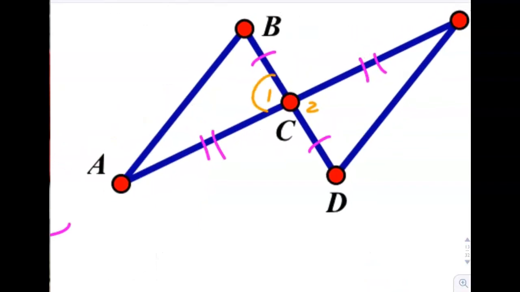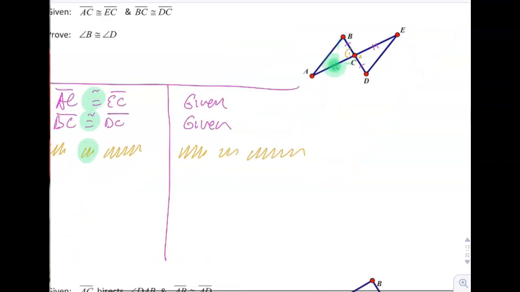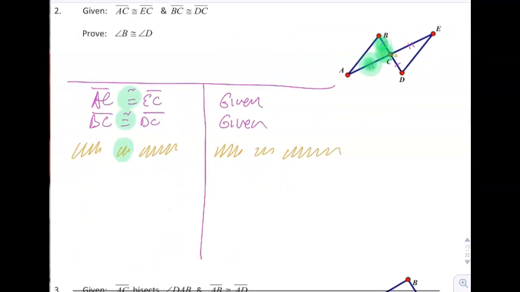So the triangles are going to become congruent because of side, angle, side. So I'll name the first triangle ABC. And if I do that, then I have EDC, and we just said it was because of side, angle, side.